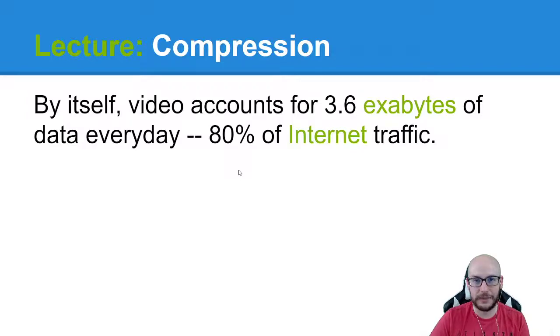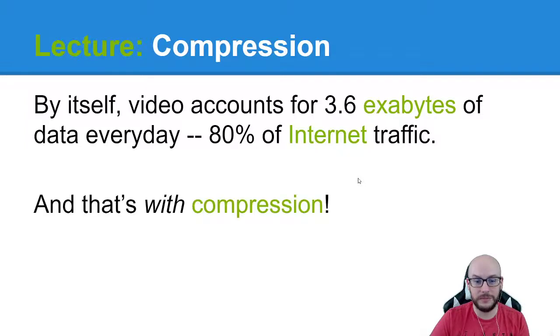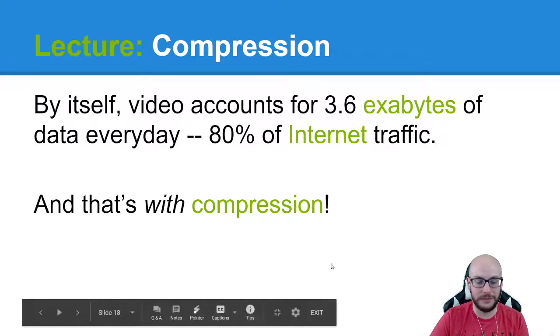That is 80% of internet traffic. Right? If this stuff wasn't compressed, would that be a big deal? This is 3.6 exabytes of data with the compression. If it was not compressed, it's 10 times this or whatever.